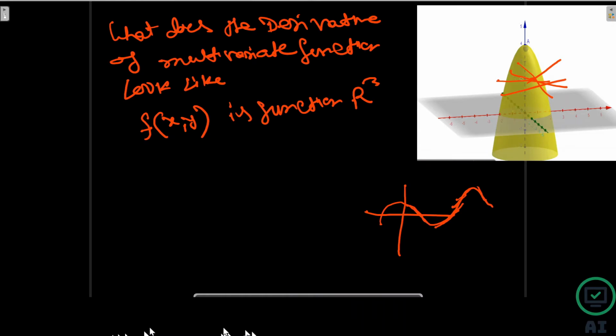So how can you find the slope of a tangent line on a surface at a particular point? For that we have to fix the direction, and we fix it along the x-axis and y-axis. When we say find the tangent line with respect to x, that means fixing y and finding it with respect to x.